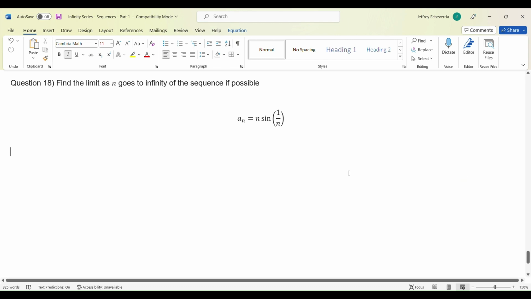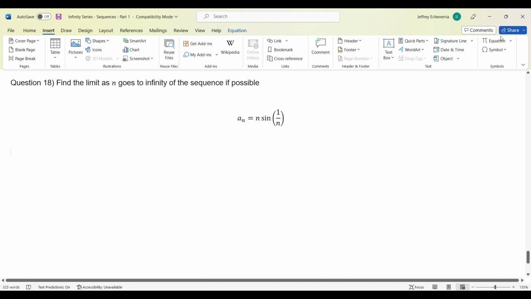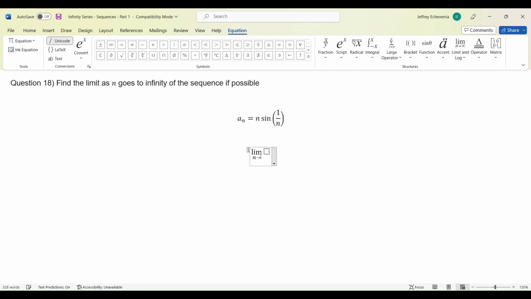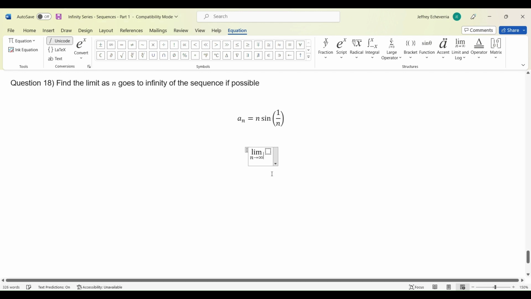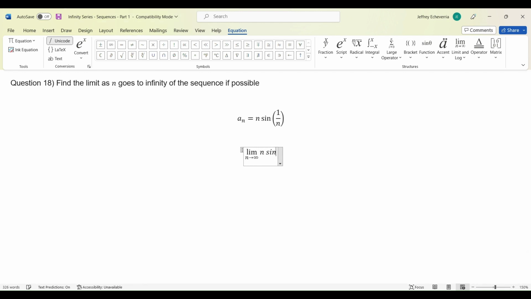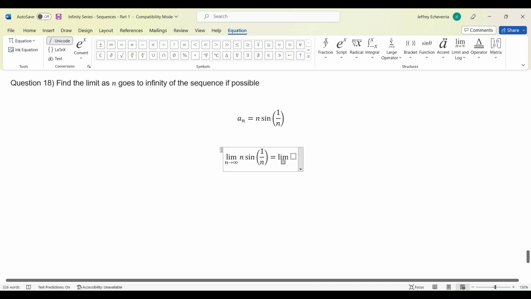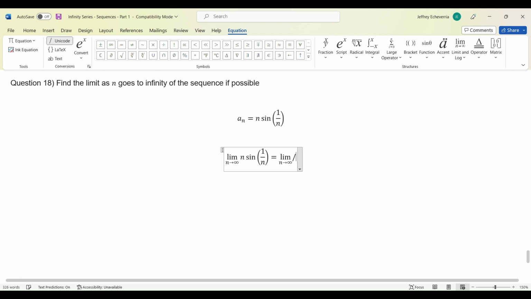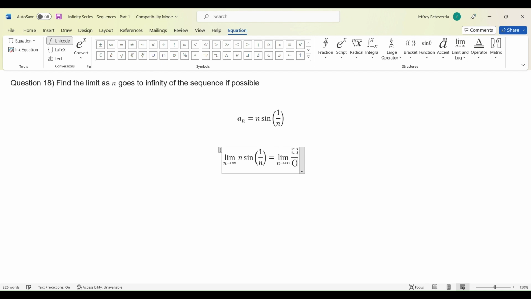For question number 18, find the limit as n goes to infinity of the sequence, if possible. So let's do that. The limit as n goes to infinity of n sine of 1 over n. We'll press equal, and we will write this in a more obvious way so we can take the limit.